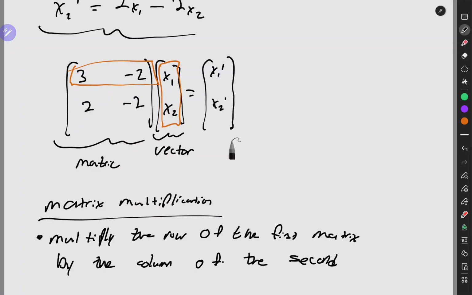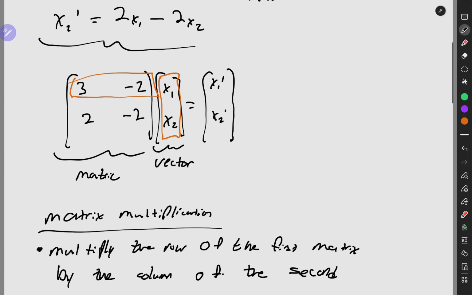In this case, it's a vector, but so that would be 3 times x1. Let me write this in orange. 3 times x1 minus 2 times x2 is equal to x1 prime. See that? I just multiplied this by this, and this by this. And you set it equal to this right here.